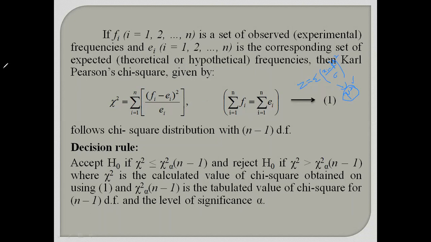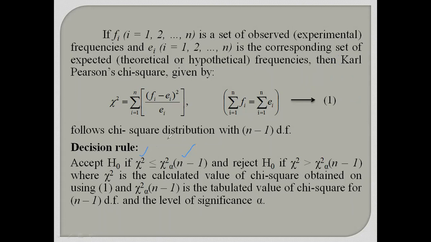For the decision rule, how can we decide whether both frequencies are equal, or is there any difference? Now first we take the null hypothesis. In that, we have the calculated value and the tabulated value.